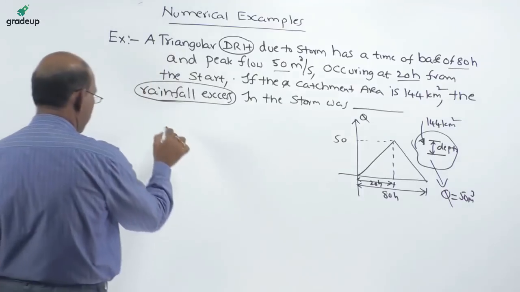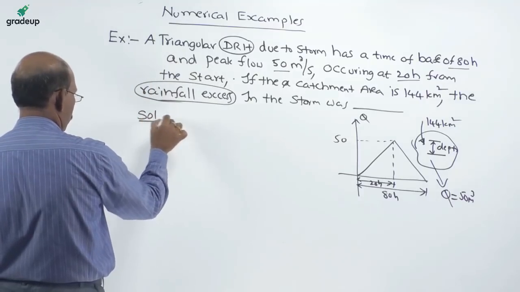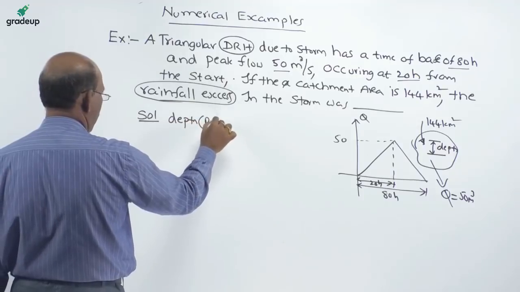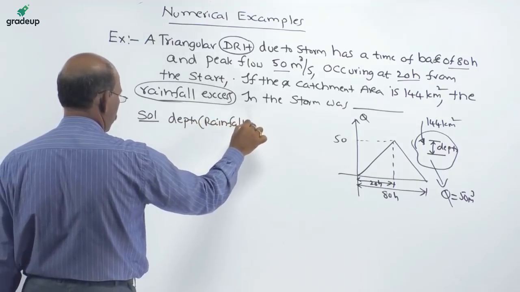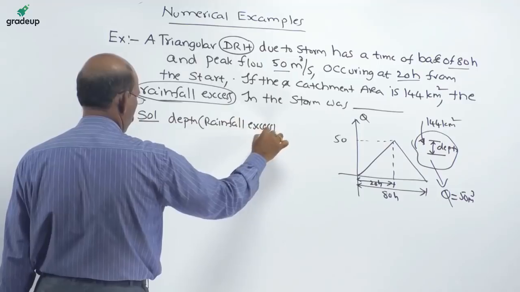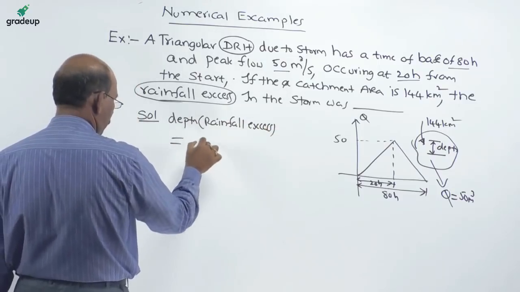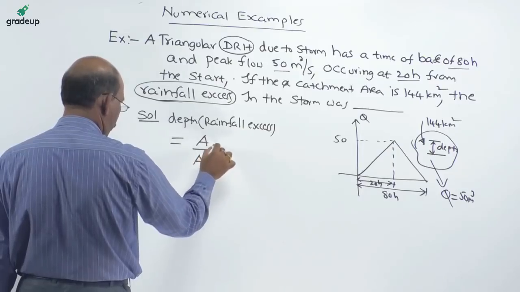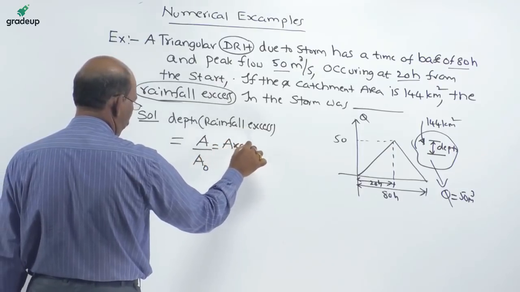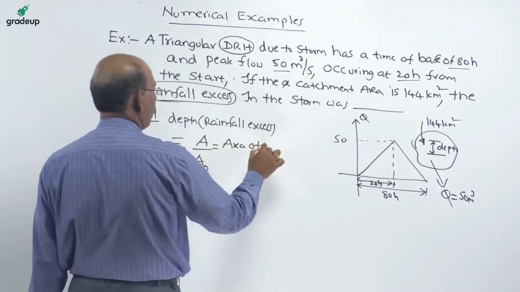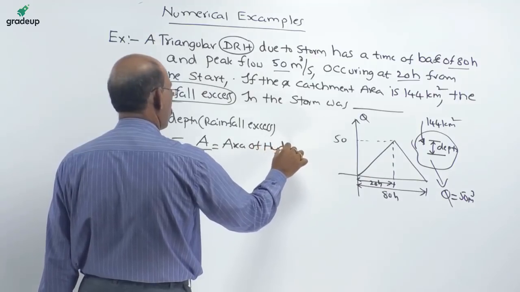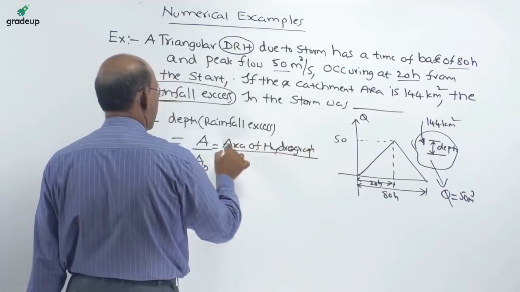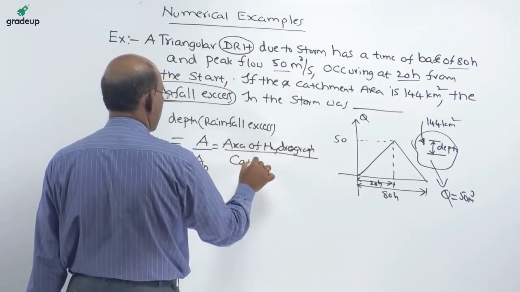So, coming to our equation, depth or rainfall excess is equal to A divided by A naught, that is area of hydrograph divided by catchment area.